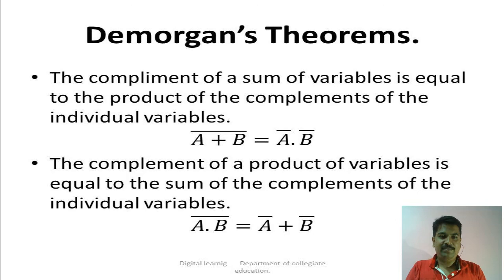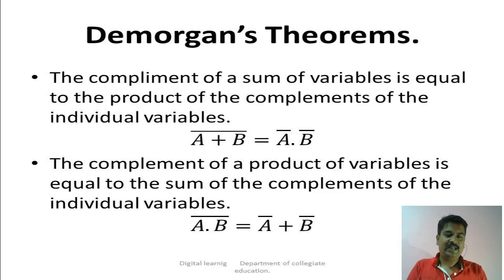First, a and b, which are the two inputs, you first OR these inputs, meaning you do the logical addition, and then do the complement. Complement in this means do the inversion. NOT gate will do the job of inversion. So first do the OR operation, that means logical addition, and then do the inversion.